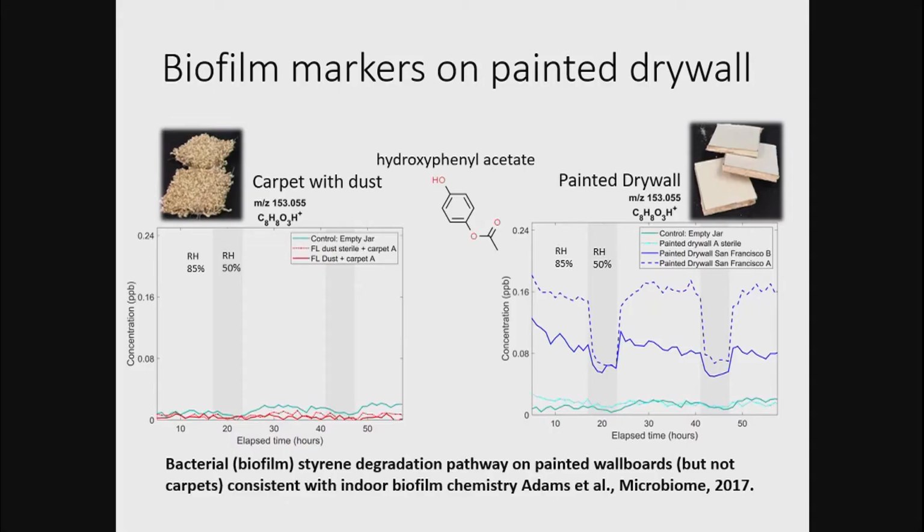So in addition to fungal markers or fungal VOCs, we also see indication of bacterial activity. So hydroxyphenyl acetate was a compound that was highly correlated with microbial biomass in our previous work. It's part of the styrene degradation pathway. We did not observe this in carpet, but again, we observed it under periods of high relative humidity in drywall.